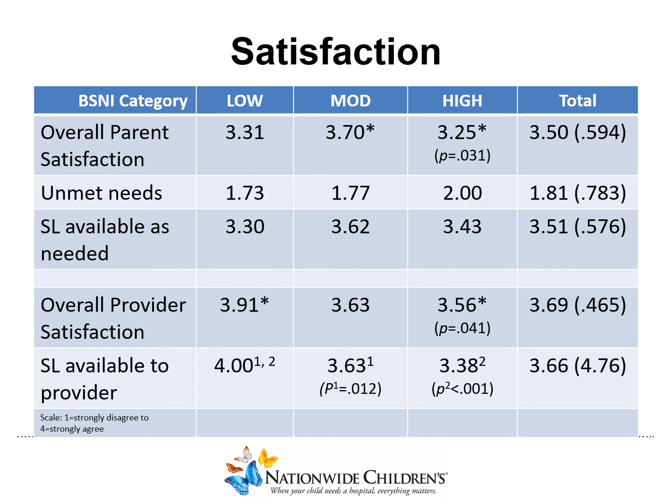And then having the school liaison available to the provider as needed, there were differences between low and moderate, and differences between low and high. But there were no differences between the moderate and the high group in terms of availability.